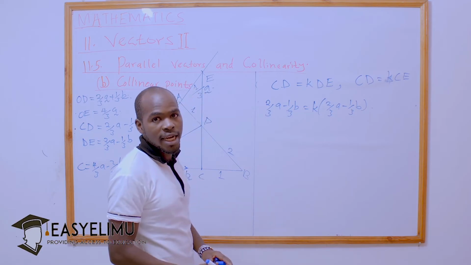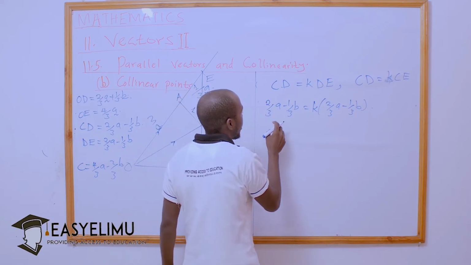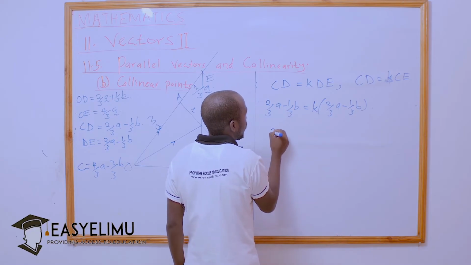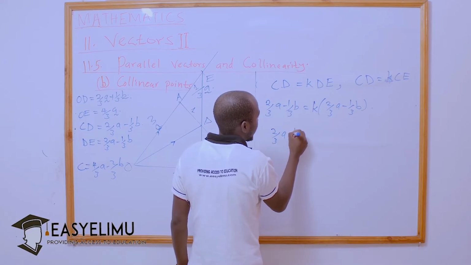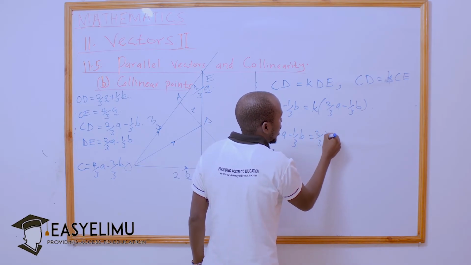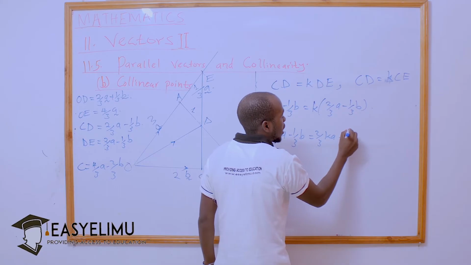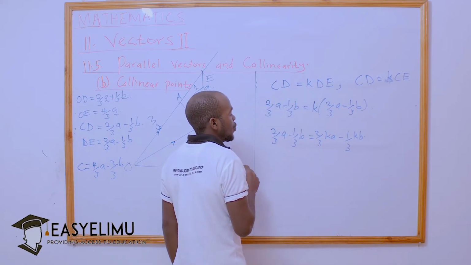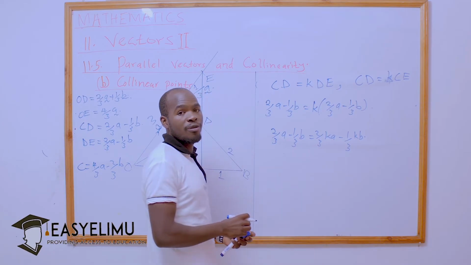Now after getting that, what you do next, you come here and write 2 over 3 a minus a third b is equal to 2 over 3 ka minus a third kb. And on doing that, we shall now compare the coefficients.